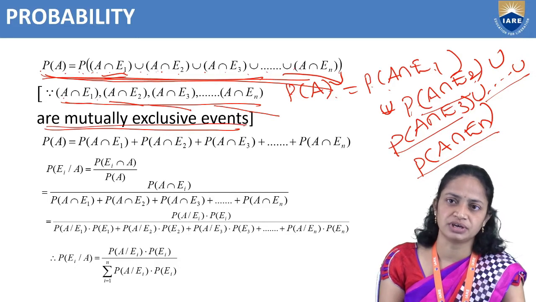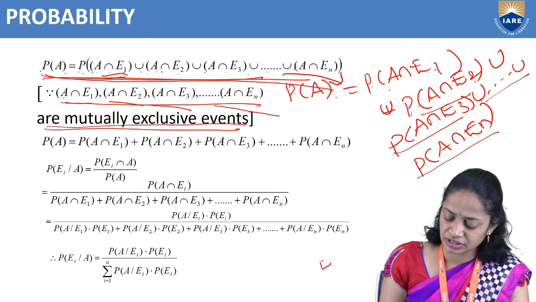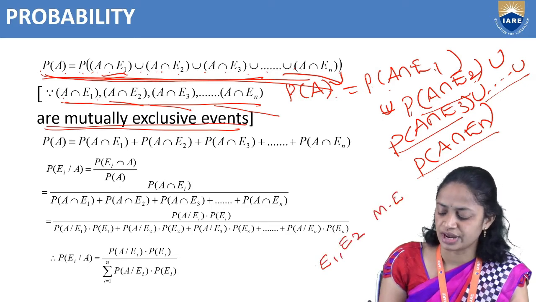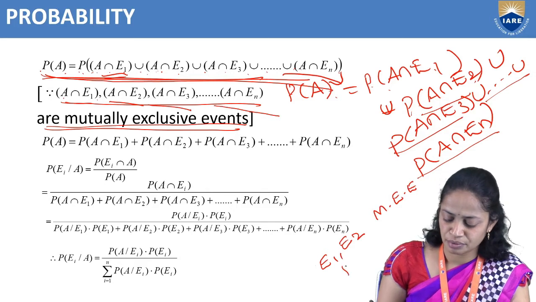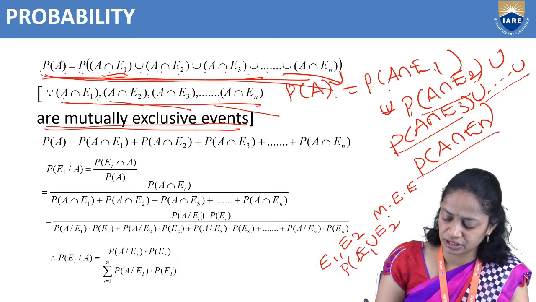We know that if E1, E2 are mutually exclusive events, then probability of E1 union E2 equals probability of E1 plus probability of E2.